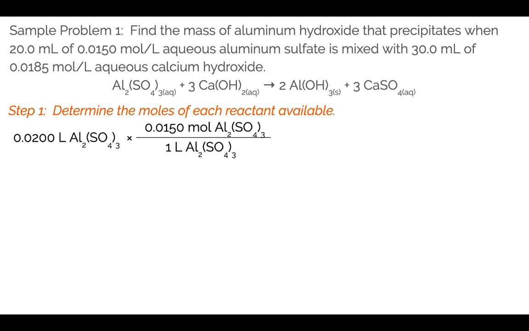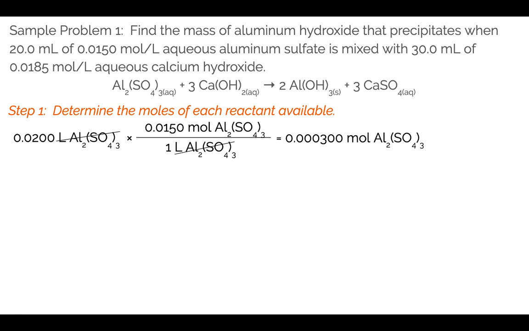So find the moles of each reactant available. For aluminum sulfate, 0.02 liters. Remember, we need to convert that milliliters to liters, times 0.0150 moles in every 1 liter. So we've got 0.000300 moles of aluminum sulfate in the reaction vessel.